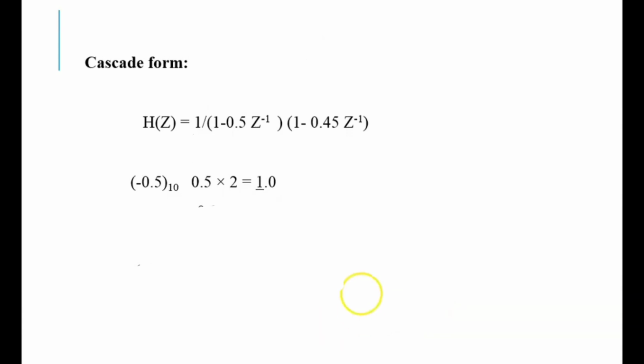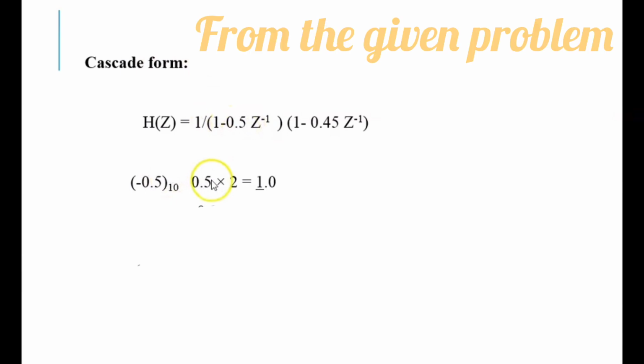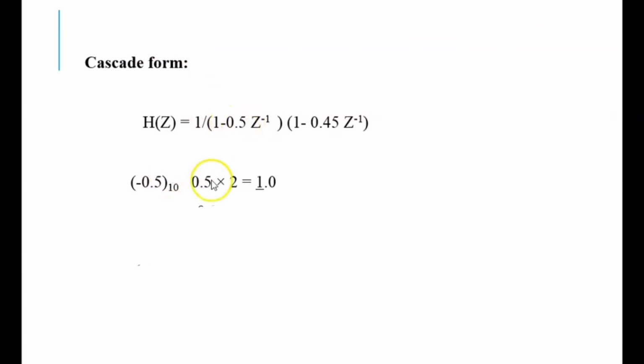The H(z) value is 1 / (1 - 0.95 z^-1 + 0.225 z^-2). If I change it into the cascade form, if you multiply these two terms, (1 - 0.5 z^-1) and (1 - 0.45 z^-1), you will get the direct form 1.